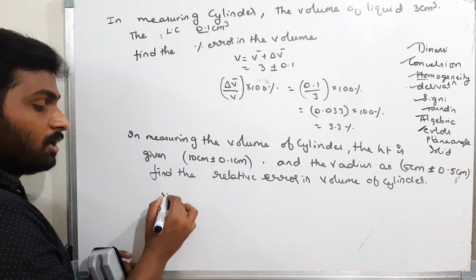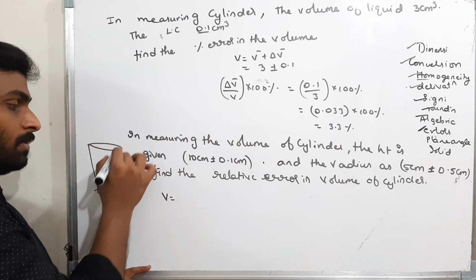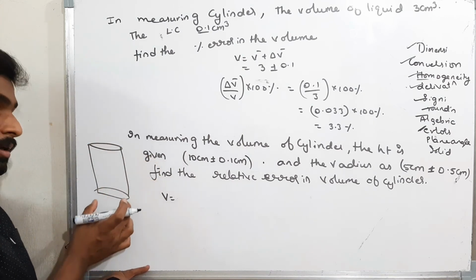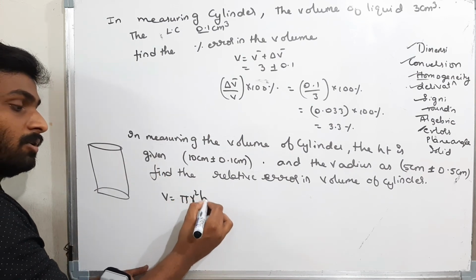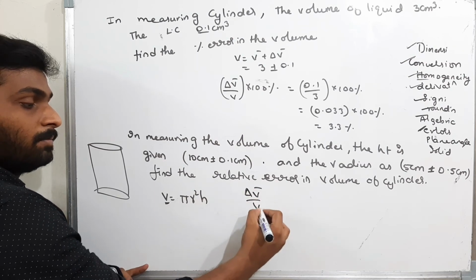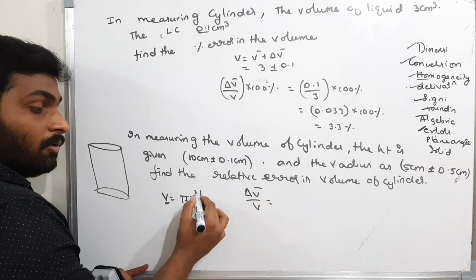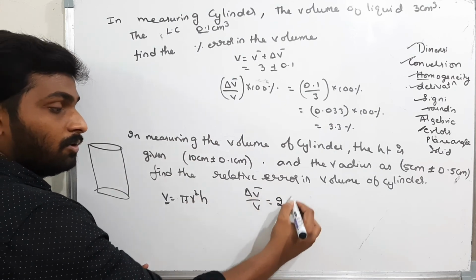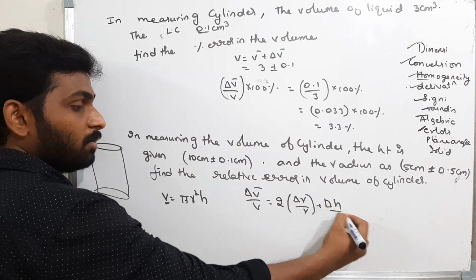The volume of the cylinder is given by the formula base area into height, that is pi r square into h. What is the relative error in the volume? That is delta V bar by V bar is equal to, pi is a constant, therefore there won't be any error. The power becomes a multiplication factor. Therefore, 2 into delta r by r plus delta h by h.